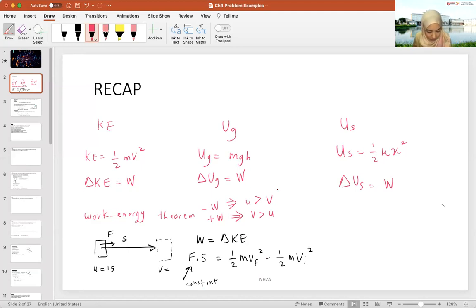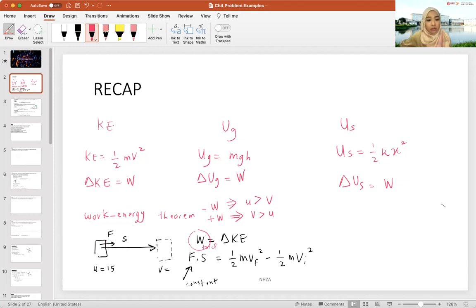What else? Okay, so recapping the work energy theorem, it is the net work done. This is total ataupun net. The net work done on an object is equal to the change in its kinetic energy. Net work done.